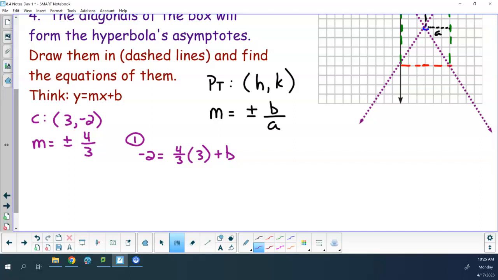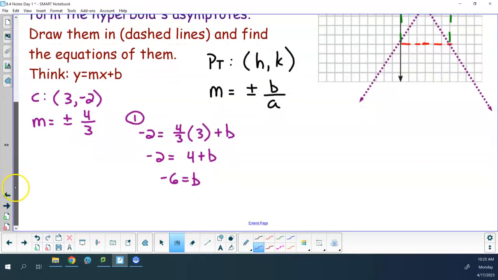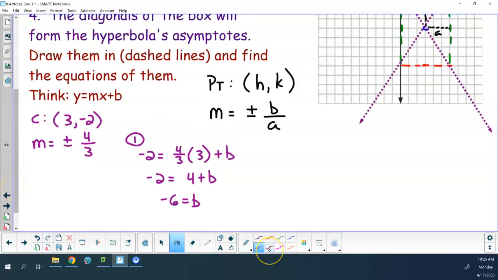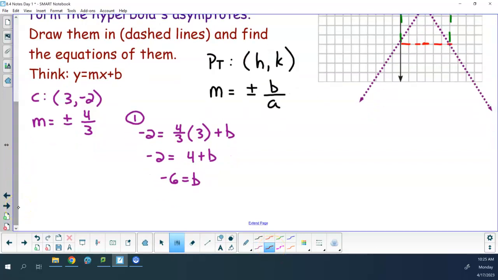That's going to be negative 2 equals 4 plus b, so negative 6 is b. So equation number 1 of our first asymptote would be y equals positive 4/3 x minus 6.